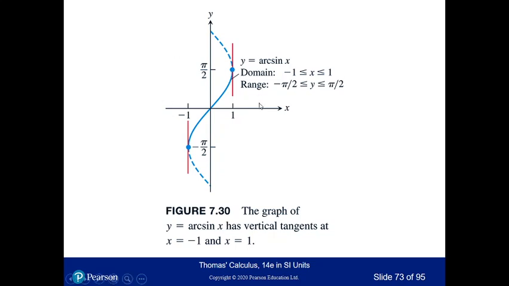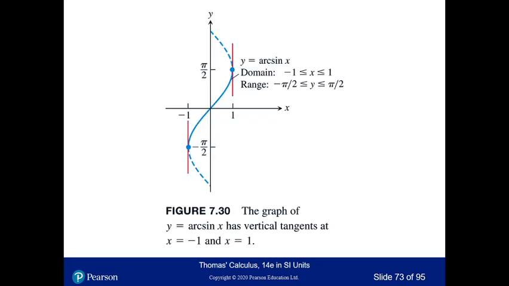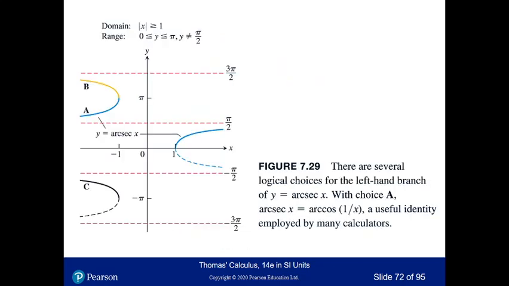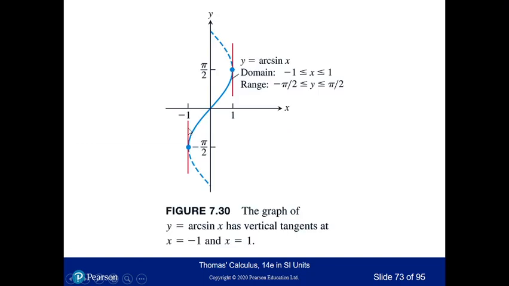This picture tells you that at x is equal to negative 1 and 1 we have vertical tangents. Therefore, because of the vertical tangent, you don't include 1 and negative 1, so we are interested in the derivatives of arc sine.